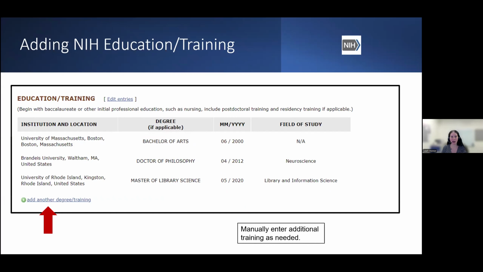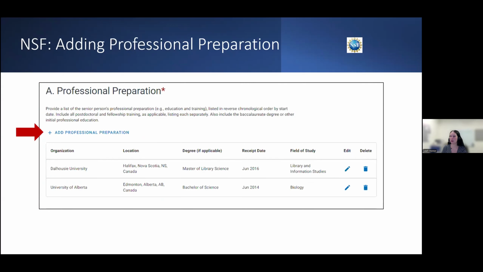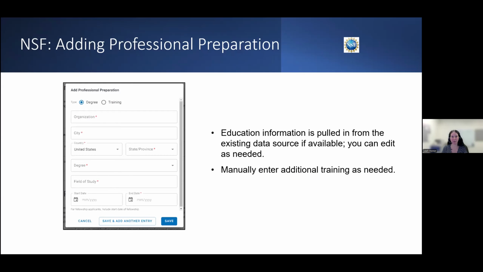So here you can see this one is in chronological. And then in the NSF version, you can use the add professional preparation link at the top of the table, and then add the information that is required manually. And this is what that looks like.